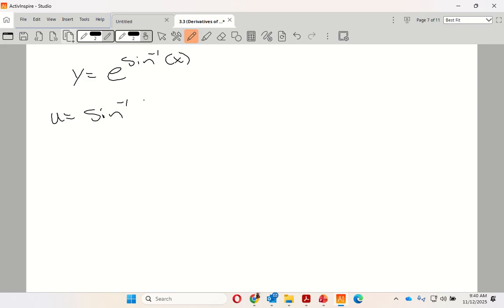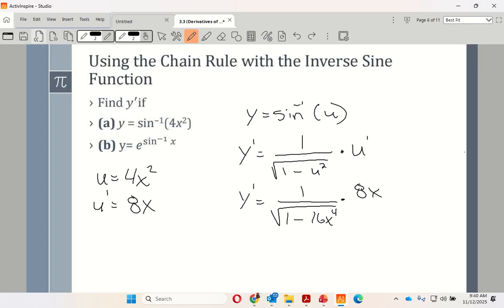Would you just multiply u by u prime? Where's your x? The x is with this. We don't have to get past the point of the y prime. Would that be e to the u prime? Yeah. Okay, great.